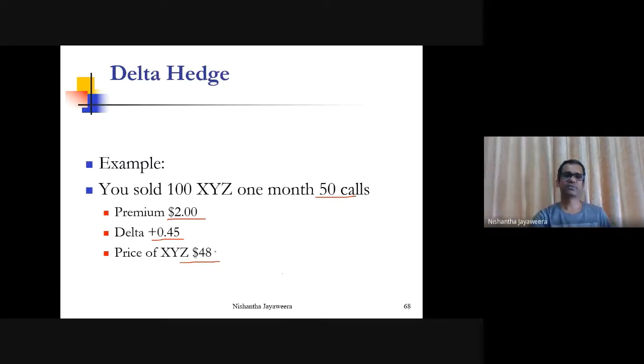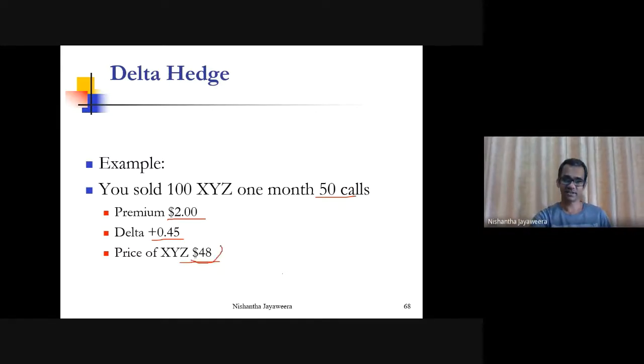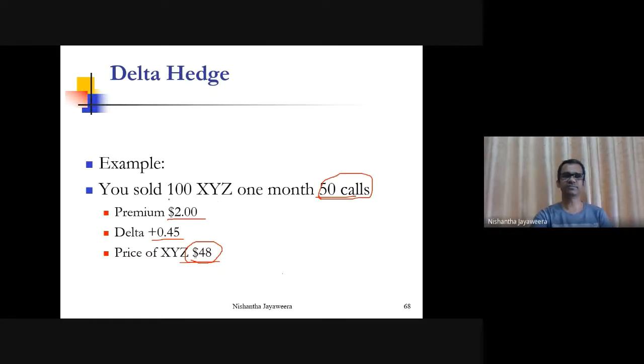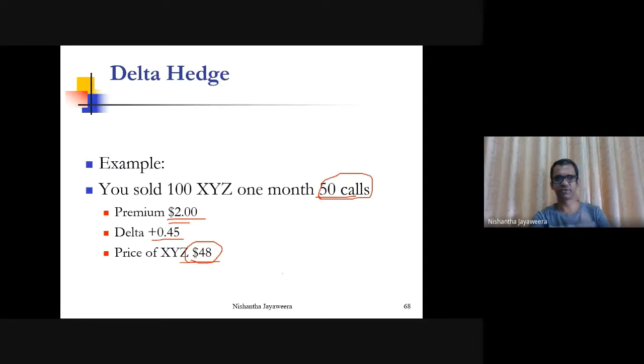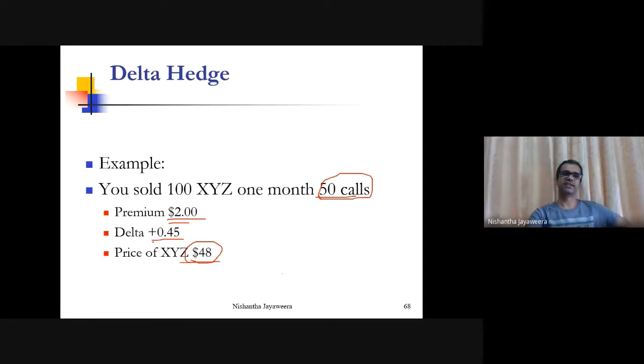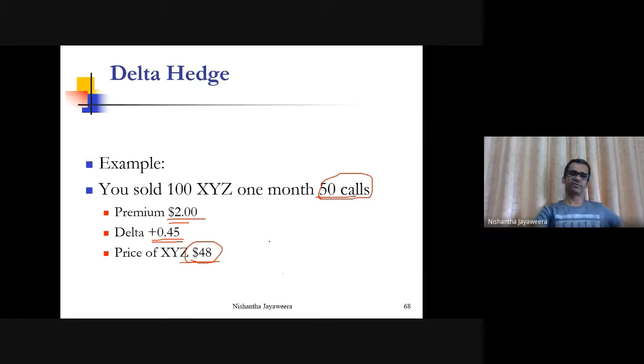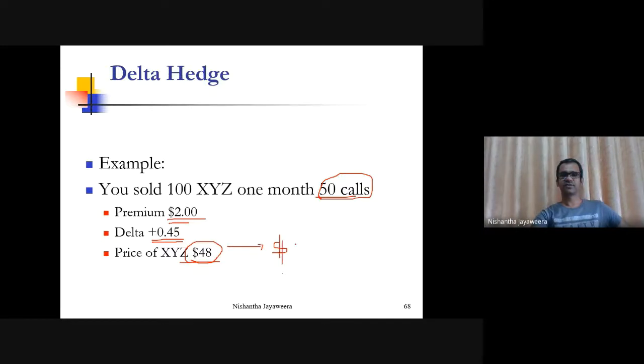Now the price of the underlying asset is 48. You have sold 50 calls at the strike. Sorry, the premium is 2. No need to worry about the strike here. The delta is given as 0.45. What would happen if the price goes to 49? What is your obligation?